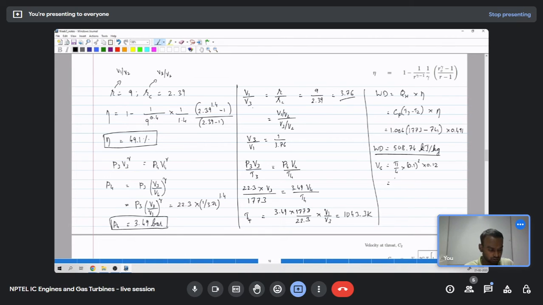So this is 9.42 into 10 power minus 4 meter cube. With this stroke volume, PV is equal to MRT. We can calculate rho as M by V, which is P by RT from this relation.